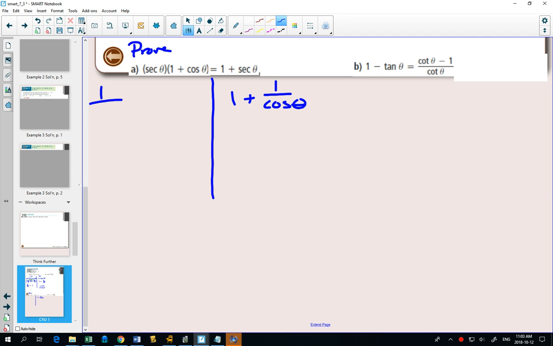And one of the strategies that you've probably seen already with the activity we were doing yesterday is that if you change things to sine and cos, often you can solve things quickly. Same thing happens here. If I distribute the 1 over cos, I'm going to get 1 over cos theta plus cos theta over cos theta, which is 1.